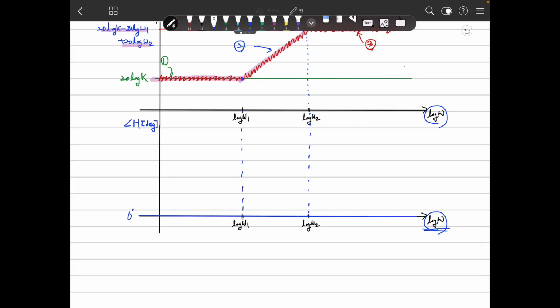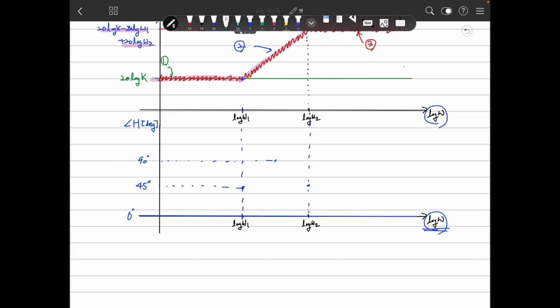Zero degree, and when omega is omega 1 here we have 45 degree, and also between here we have a 90 degree, and again omega 2 is 45, and again there's the 0 degree.